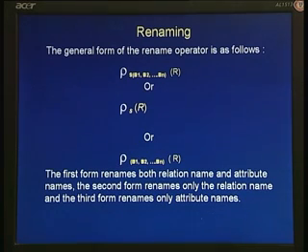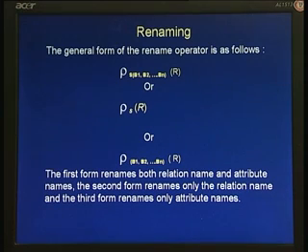The second kind of rename expression, that is rho subscript S operated upon relation R, will rename only the name of the relation, that is, the output relation is called S in this case.